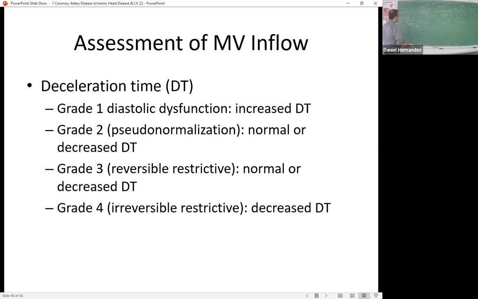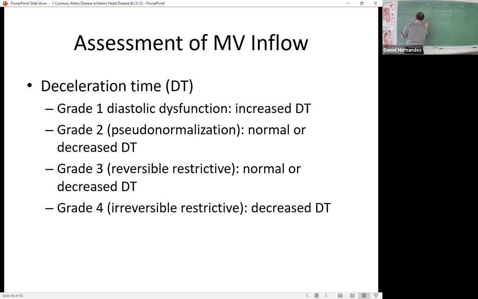When we have impaired relaxation, we have a longer deceleration time. So this slope becomes flatter. So if we're going all the way down to the baseline, we have a longer deceleration time. So with this, we have DT that's going to be greater than 140.